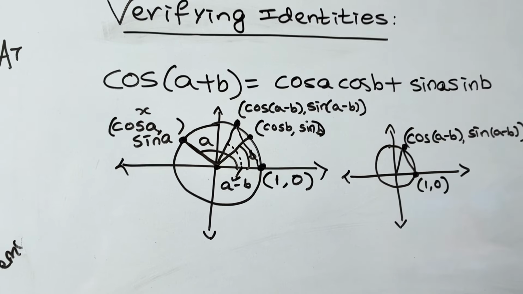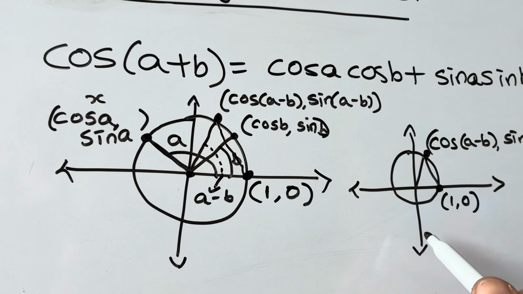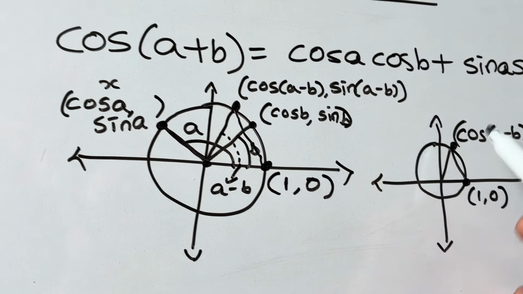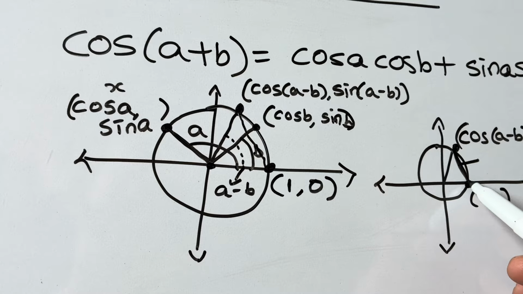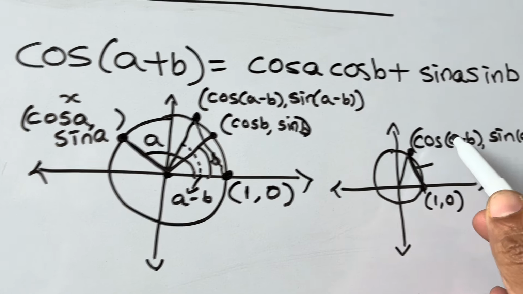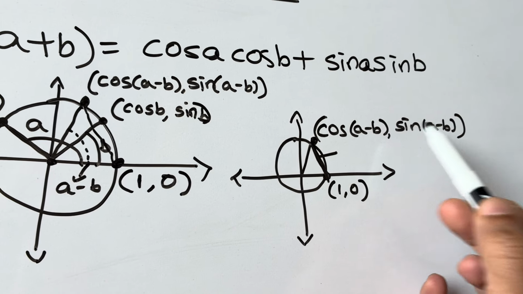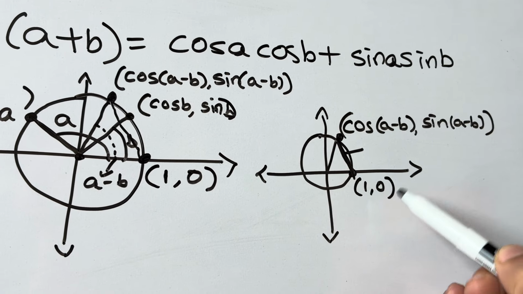Okay, so now I'm going to write my distance formula here. Suppose this line joins the coordinates cos of A minus B and sine of A minus B, and 1, 0.